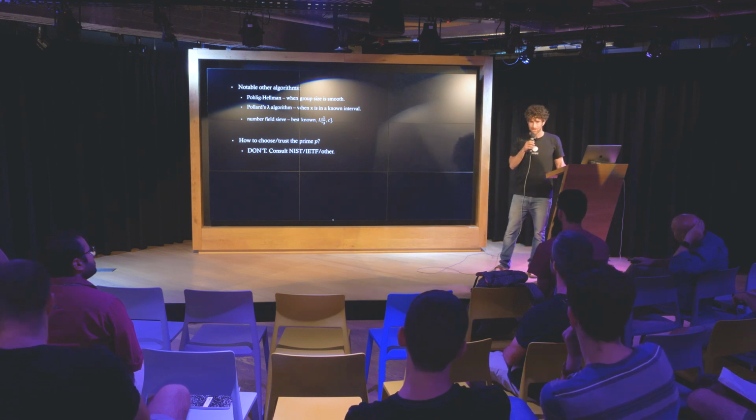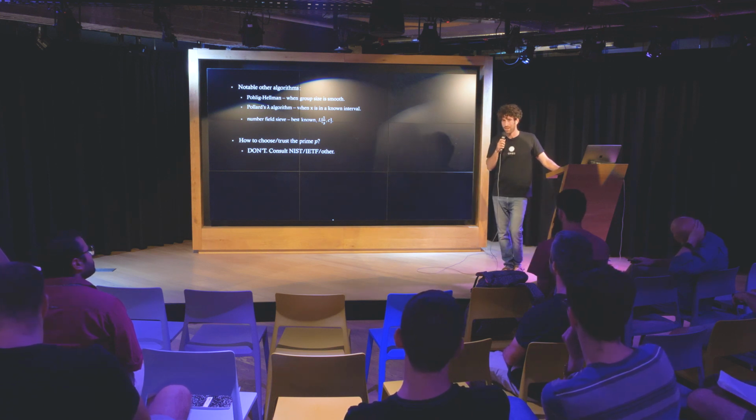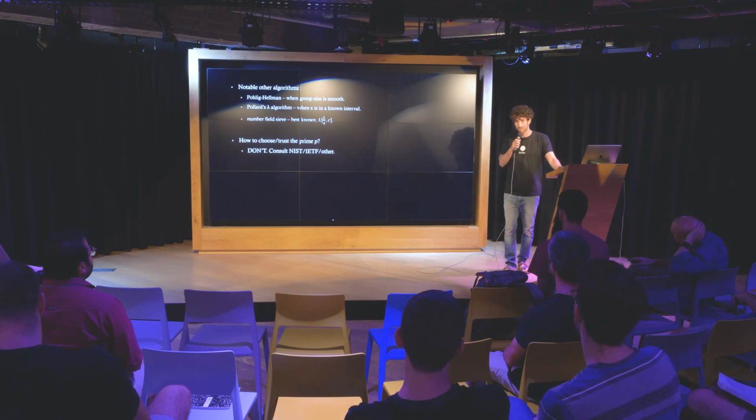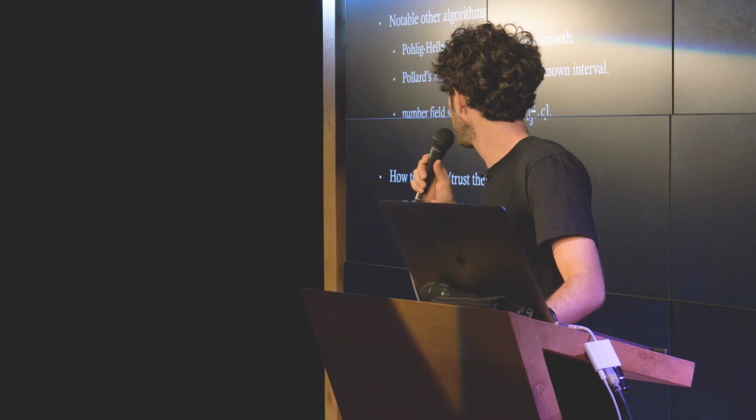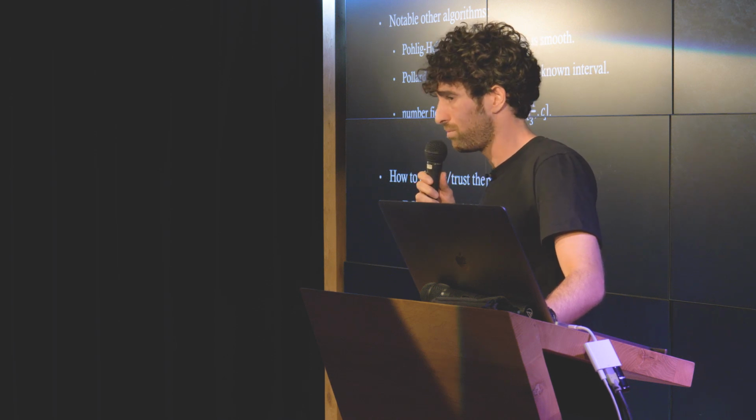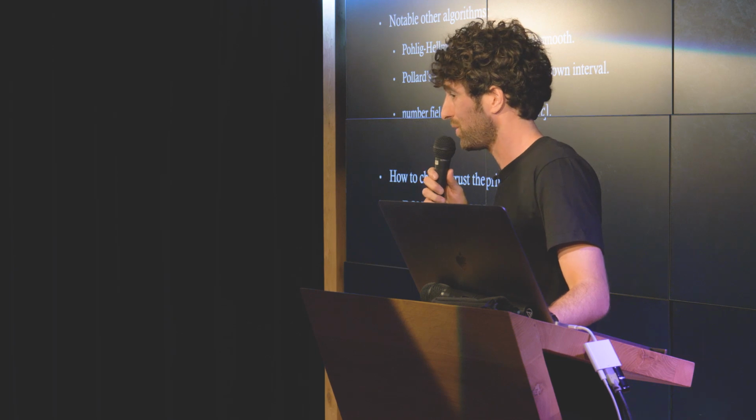And there are many mistakes that you can make, including using some specific prime that has a weird backdoor. So don't. Take the NIST recommendation, or even better yet, the IETF recommendation, or something else that you know and trust and that presents you the underlying mathematics.